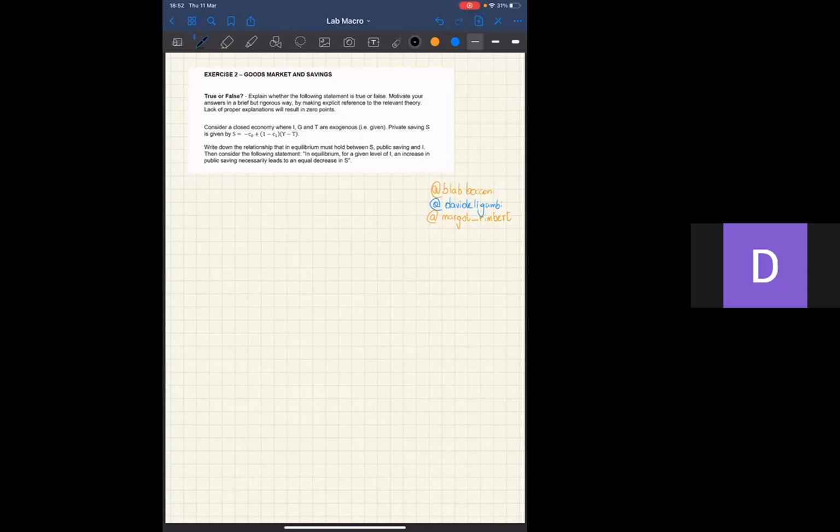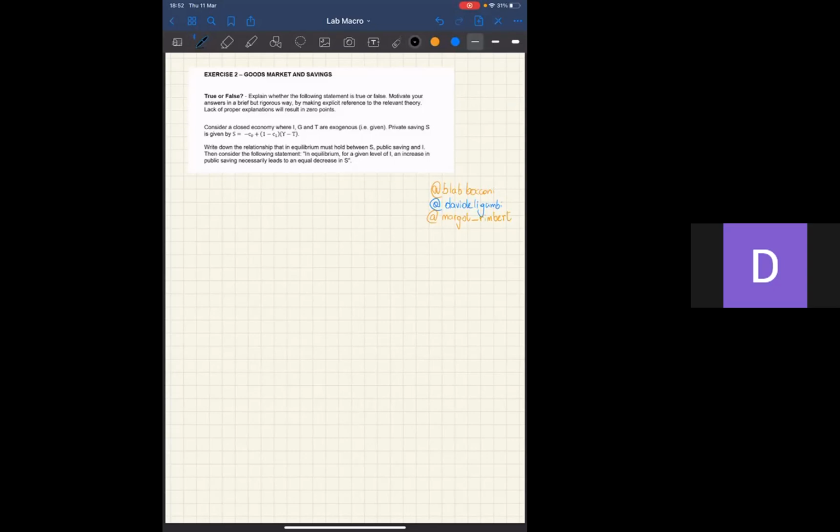So moving on to this one. It's a true or false, as I was saying, and we'll just read the question pretty quickly. It asks us to explain whether the following statement is true or false. Obviously, motivate your answer in a brief but rigorous way by making explicit reference to the relevant theories. So as usual, we have to be pretty thorough in our explanations.